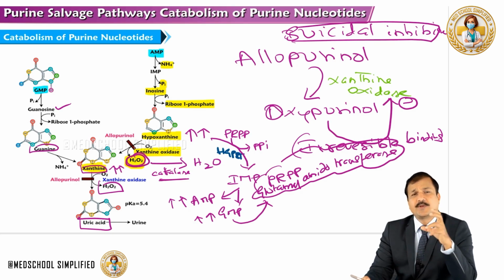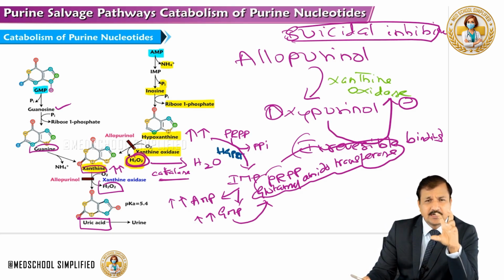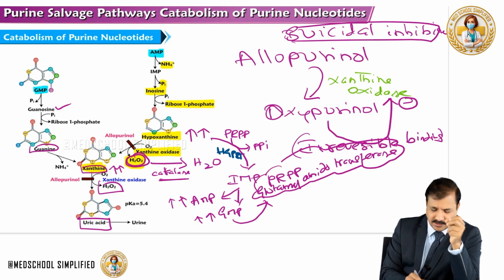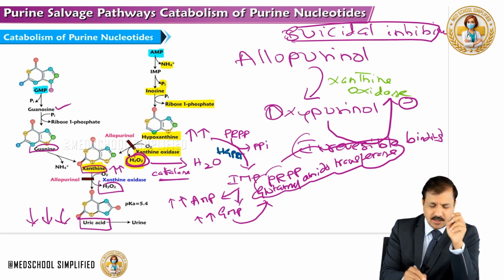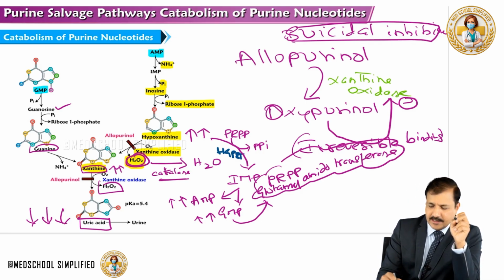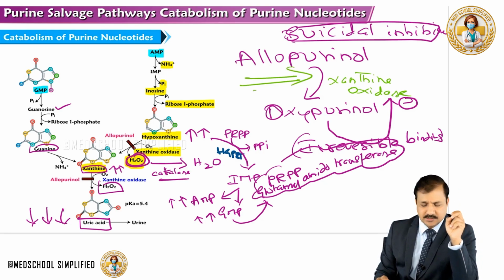So allopurinol has both a direct mechanism and an indirect mechanism to decrease uric acid levels in the blood. What is the direct mechanism? Allopurinol directly acts on the xanthine oxidase enzyme and inhibits it.